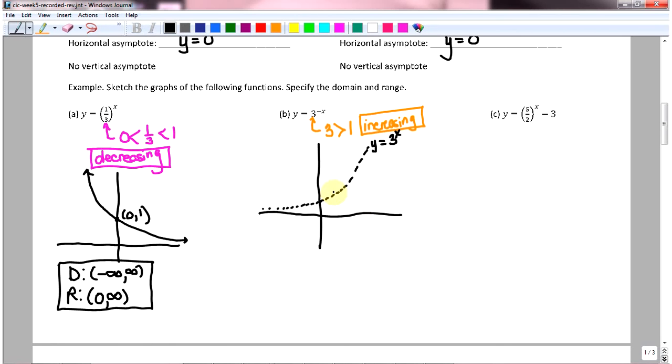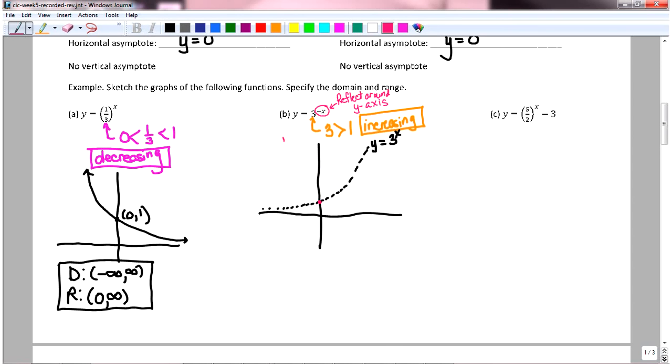Well, what do we do for that negative x? This is when we go back to what we learned earlier about transformations. So that negative x is going to cause our graph to be reflected around the y-axis. So we're going to reflect our dotted graph around the y-axis. If we do that, the point (0, 1) will still be there.